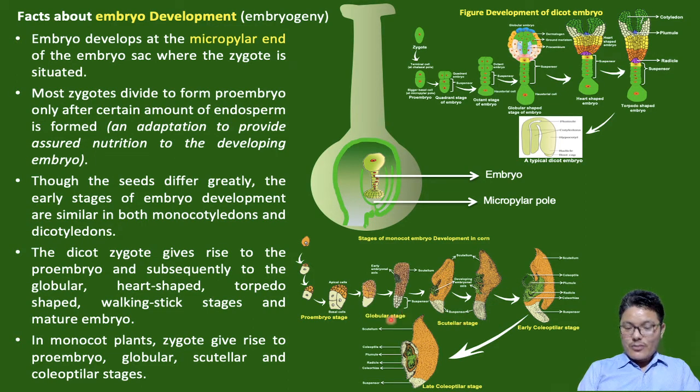Say after the globular stage of embryo development in case of monocot, we have scutellar development, we have scutellar stage, and after the scutellar stage we have coleoptile stage. So coleoptile stage and scutellar development is not found in dicot embryo. Now let's discuss in detail about the development of embryo in dicot plants with some graphics.